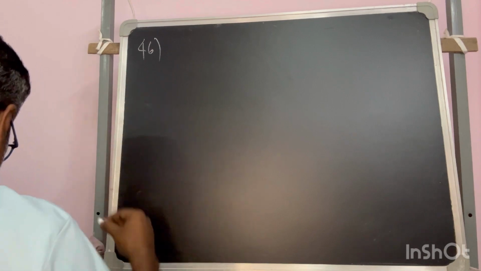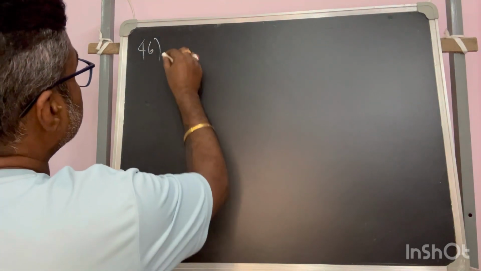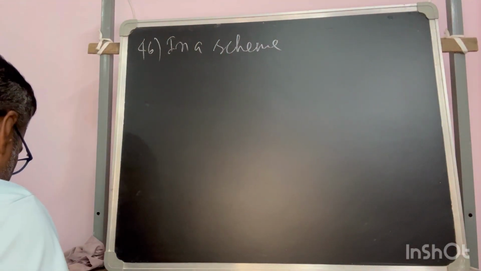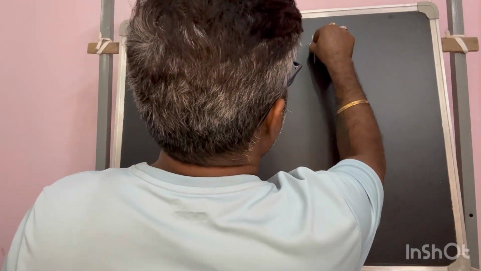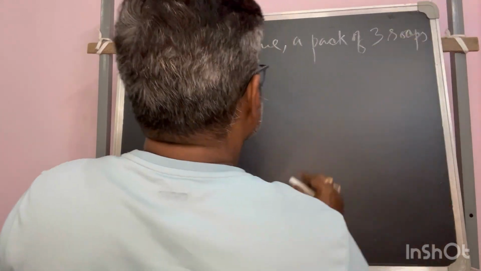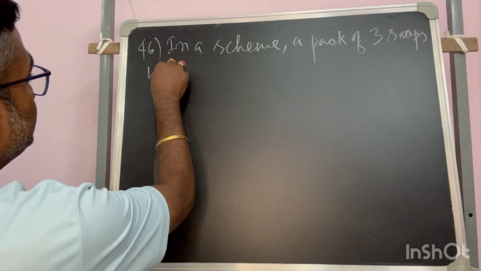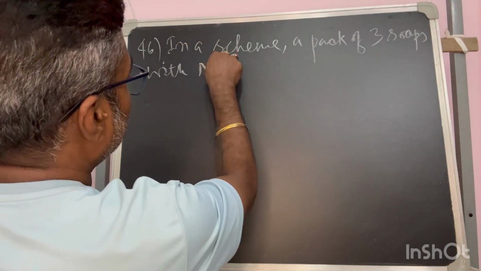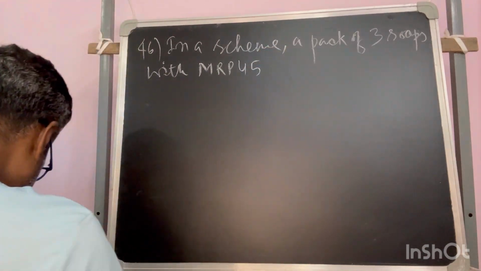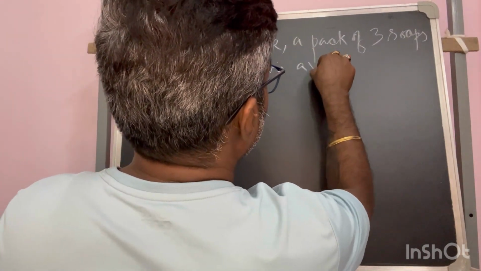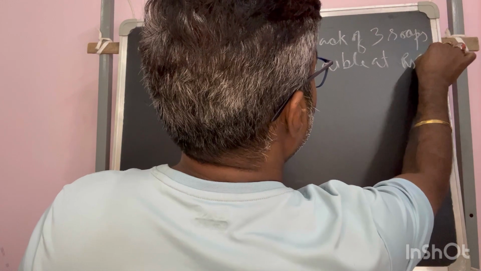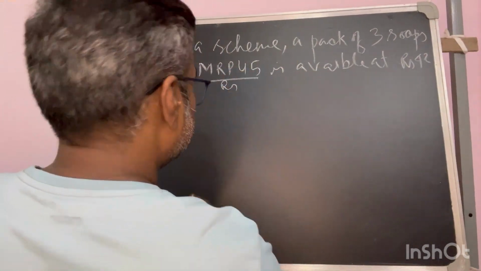Problem number 46. In a scheme, a pack of 3 soaps with MRP 45 is available at 42, that means rupees 42, and MRP is also in rupees.